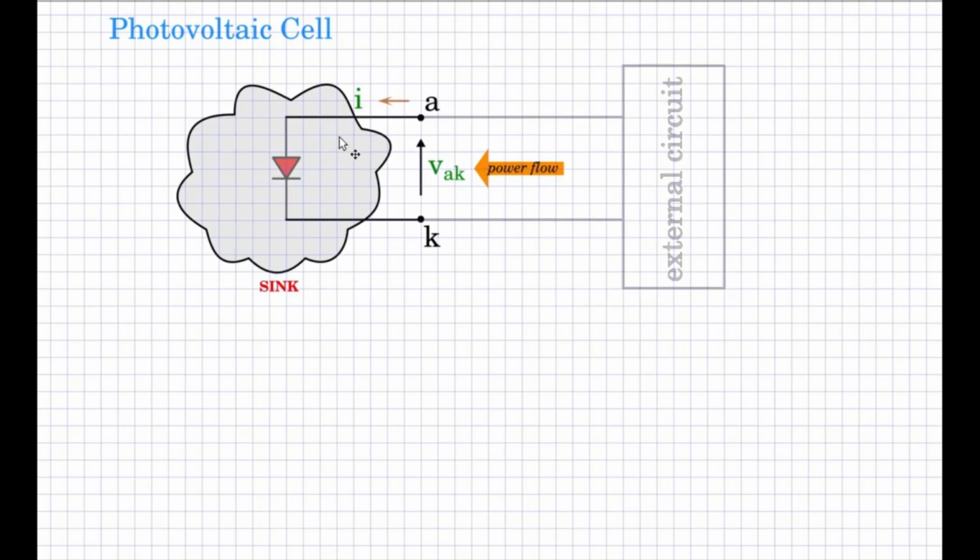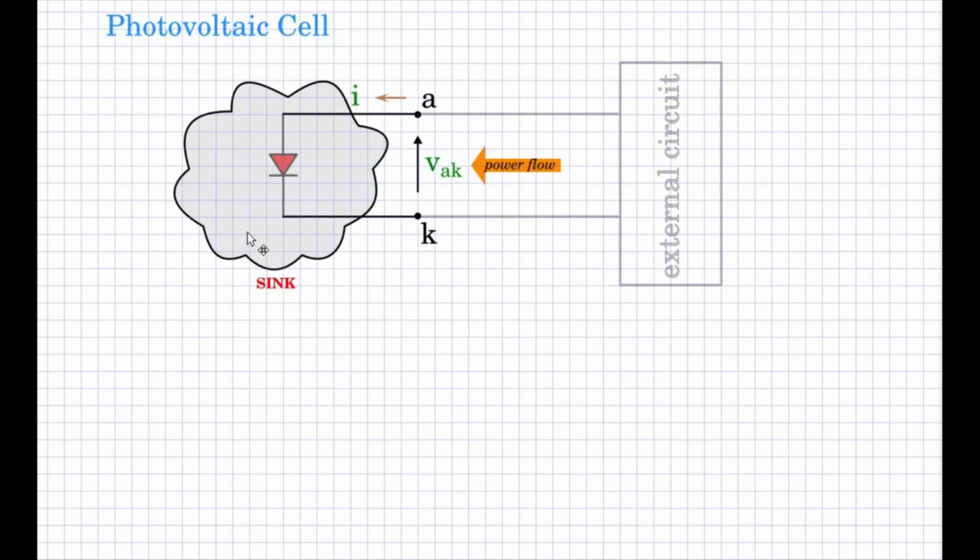It cannot generate. So this particular portion of the diode circuit is now a sink circuit and not a generator circuit. We will gradually see how we make it into a generator circuit and what extra components we need to add in order to bring about the model of the photovoltaic cell.